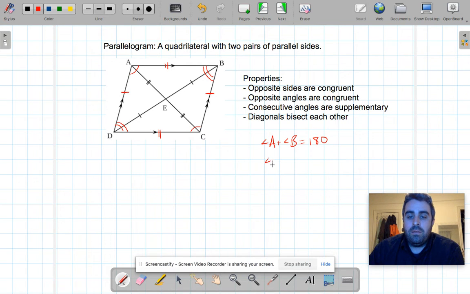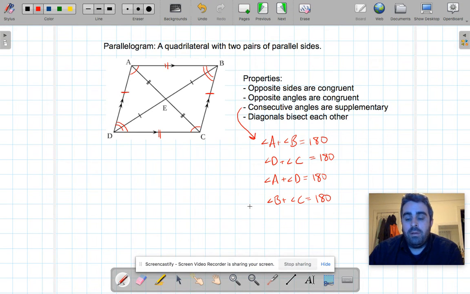Angle D and angle C equal 180. Angle A and angle D equal 180. And finally, angle B and angle C add to 180. So I'll just draw a little arrow there.